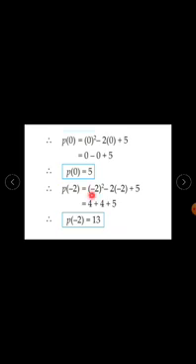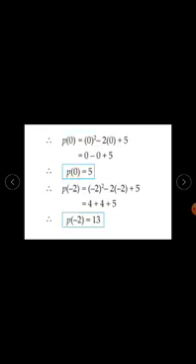Now the square of a negative number is positive, so minus 2 square is 4. Now minus minus plus, 2 into 2 is 4, so plus 4, plus 5. That equals 4 plus 4 plus 5. 4 plus 4 is 8 and 8 plus 5 is 13. Therefore p of minus 2 equals 13.